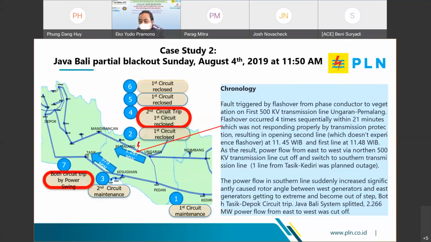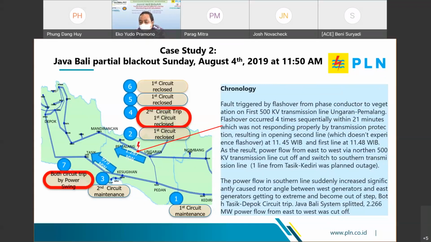We had triggering flashover from the phase conductor to vegetation on the 500 kV transmission line Ungaran Pemalang. The flashover occurred 4 times sequentially within 21 minutes. Unfortunately, our protection tripped, so the 2 circuits collapsed.